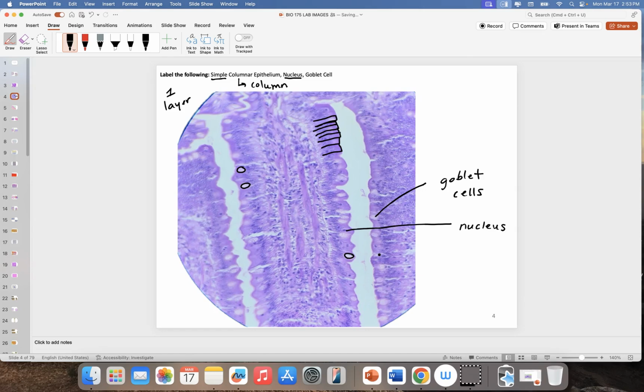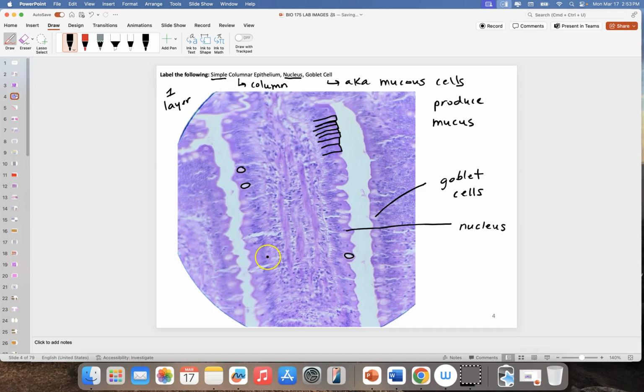What happens is we take mucin plus water, and that makes mucus. And that's why sometimes these are also known as mucus cells, because they are going to produce mucus.